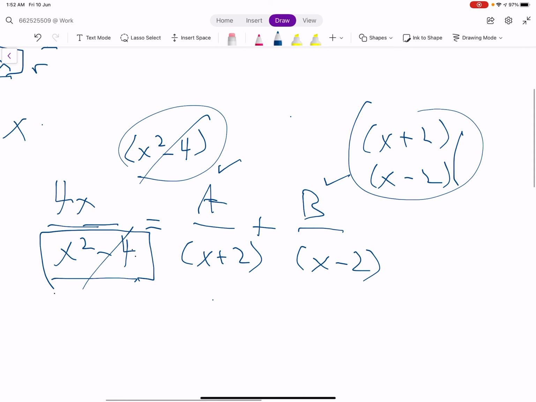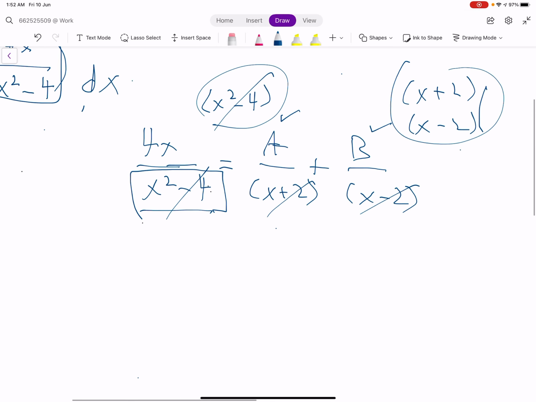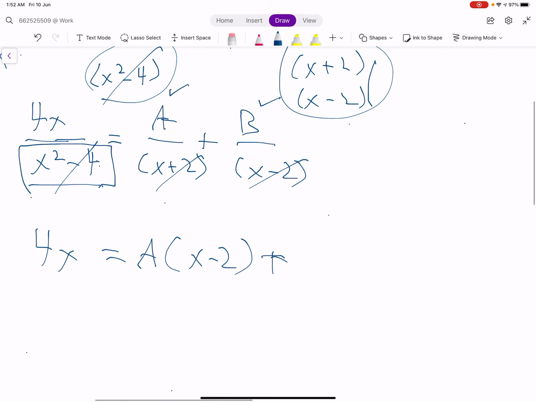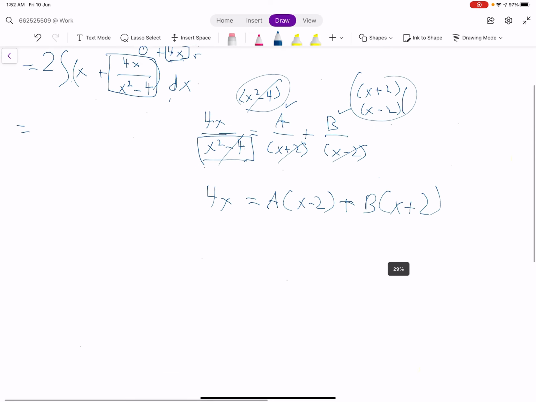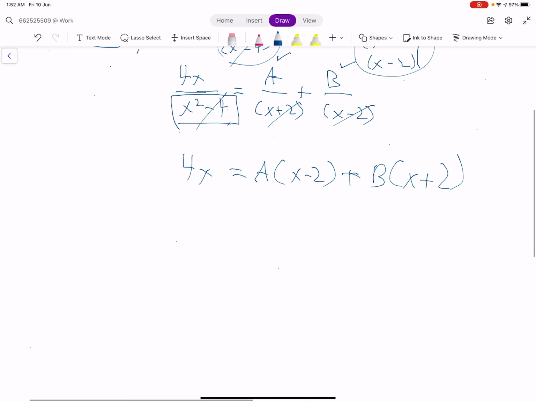Okay, we will cancel this out, so it will be 4x equals A times x minus 2 plus B times x plus 2. Now we have to find A and B. To find A, x must equal minus 2.